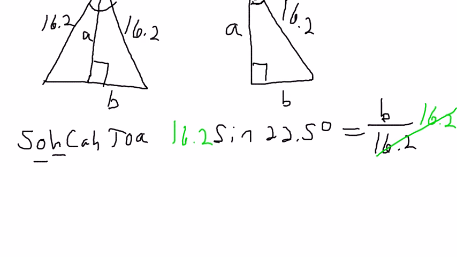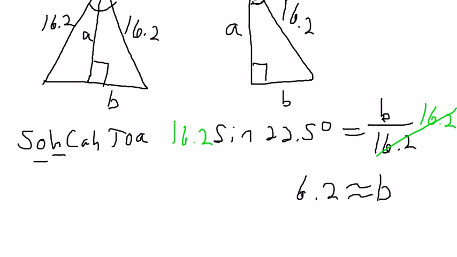And then we'll have an approximate value for B. So B approximately equals, and I'll enter this in my calculator, 16.2 times sine 22.5. And that approximately equals 6.199, so all around that 6.2.